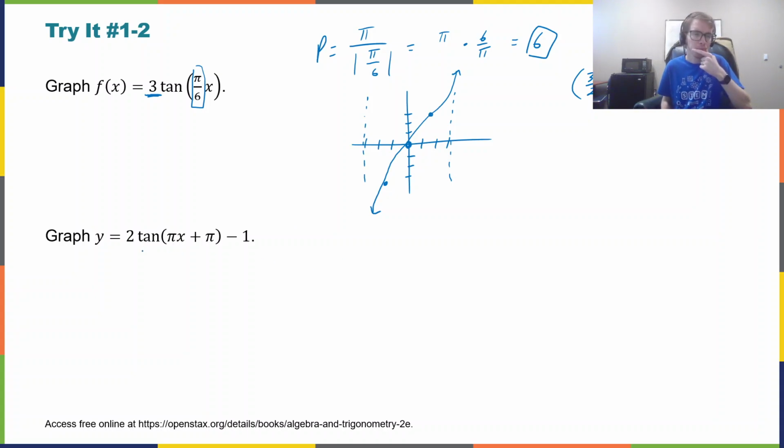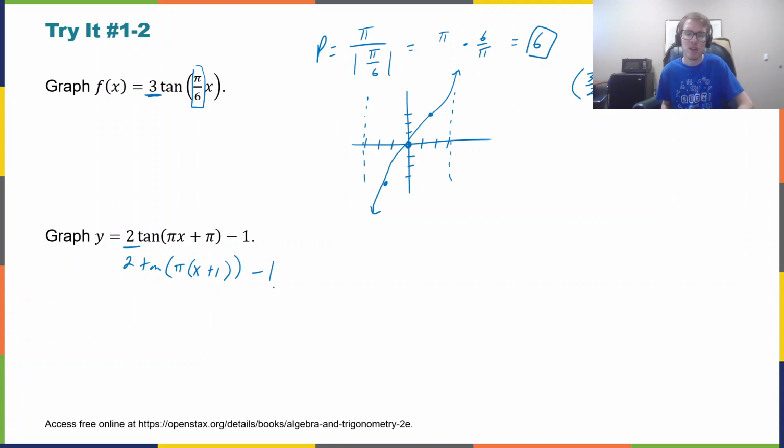All right, number 2. Graph y equals 2 tangent of pi x plus pi, close parentheses, minus 1. All right, we have several shifts going on here. So one, we have our stretch factor of 2. We have, let's actually factor this. 2 tangent of pi, parentheses, x plus 1, close parentheses, minus 1.